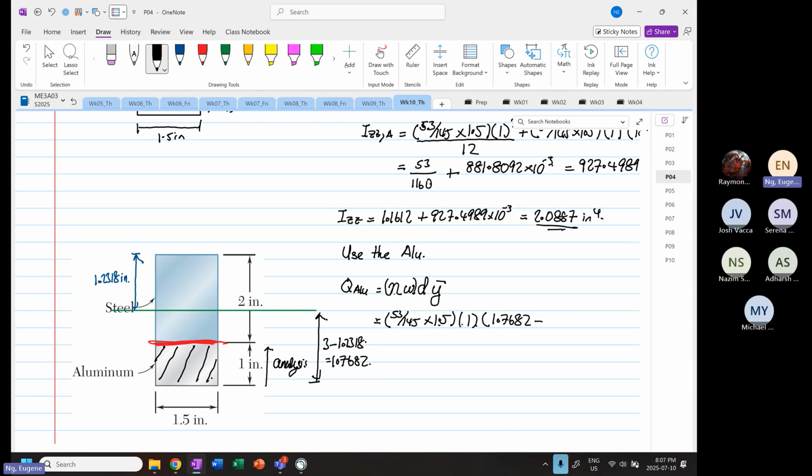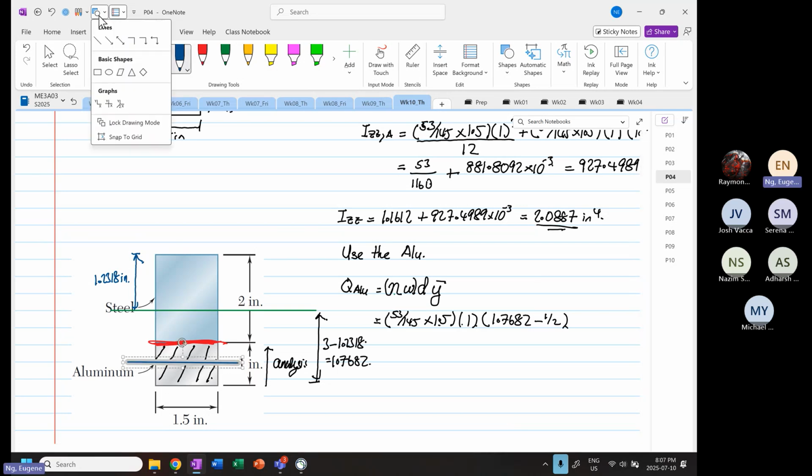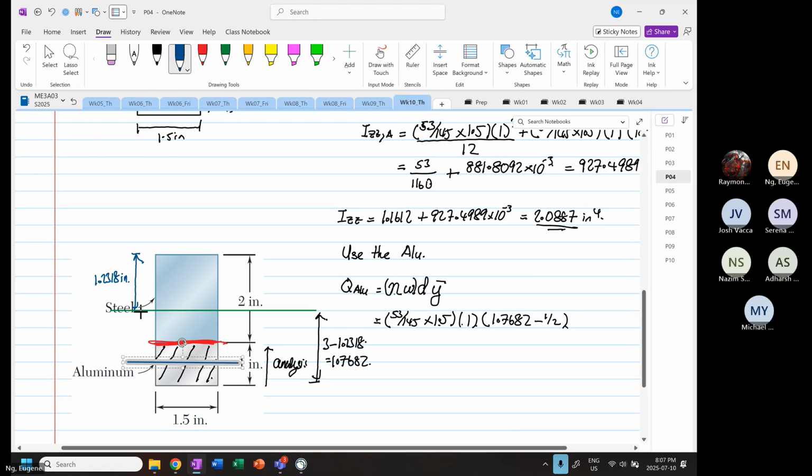Okay, so bracket 1.7682 minus 1 divided by 2. Why is that the case? I know this is pretty long ago, not long ago, but because of your term test, we know that this over here and this distance, this is your y bar.